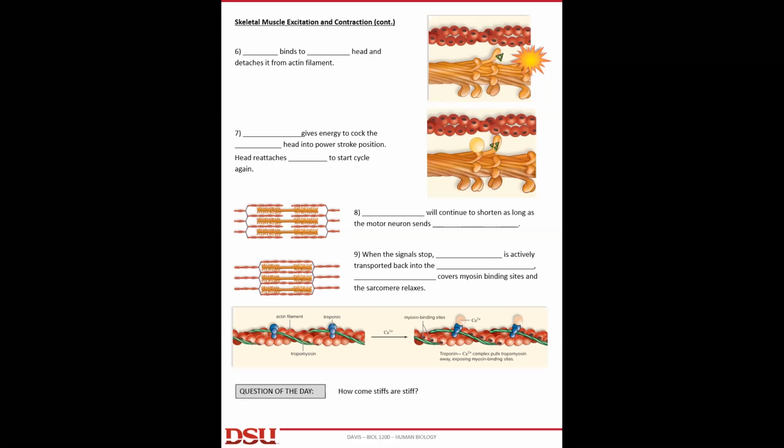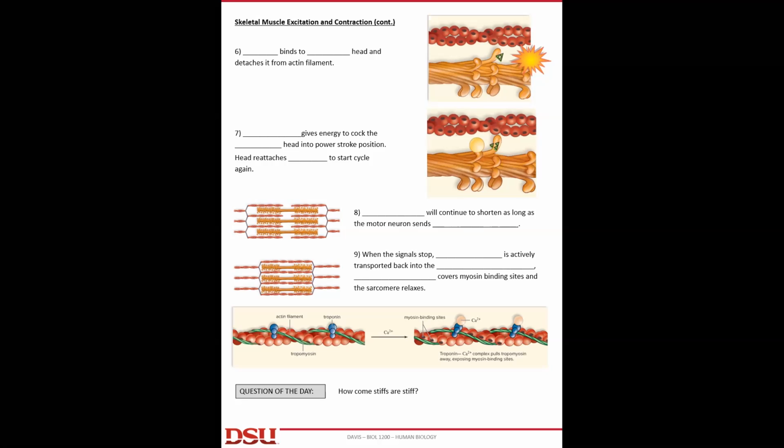Okay, now, how come stiffs are stiff? If you've never heard that slang before, a stiff is a dead body, okay? And the question, how come stiffs are stiff, is referring to the process of rigor mortis, which is the body essentially freezing into place, locking into place after death.